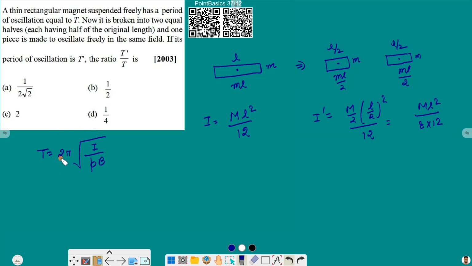Now in this expression 2 pi is same for both of these. Magnetic field is same. So let's compare the other values.